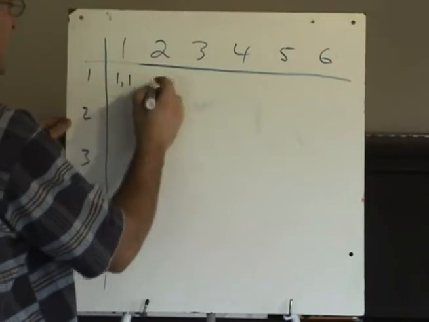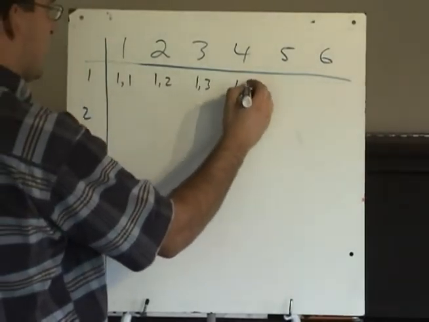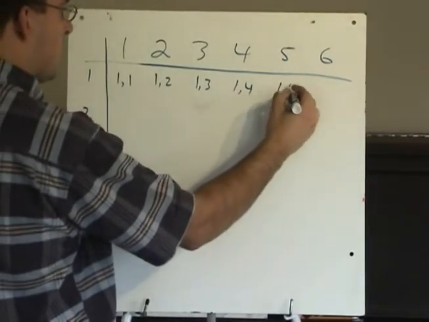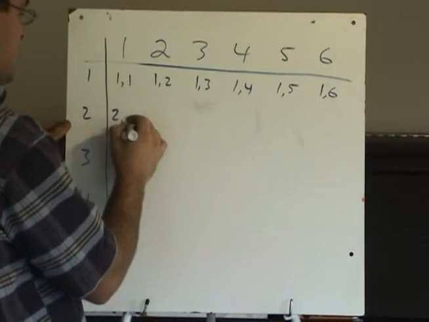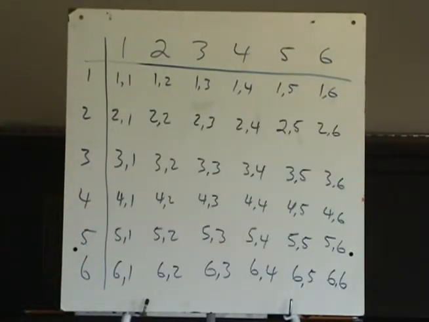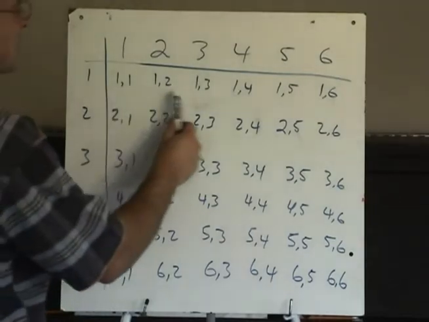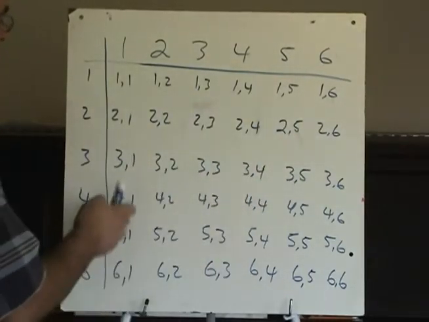So I could get a 1, 1. I could roll a 1, 2, a 1, 3, a 1, 4, a 1, 5, a 1, 6, or a 2, 1, and so on until I have my table complete like so. So in here represents all the different outcomes I could get if I rolled 2 dice.